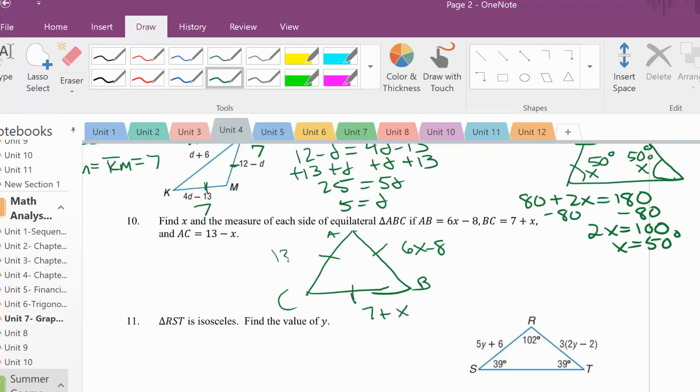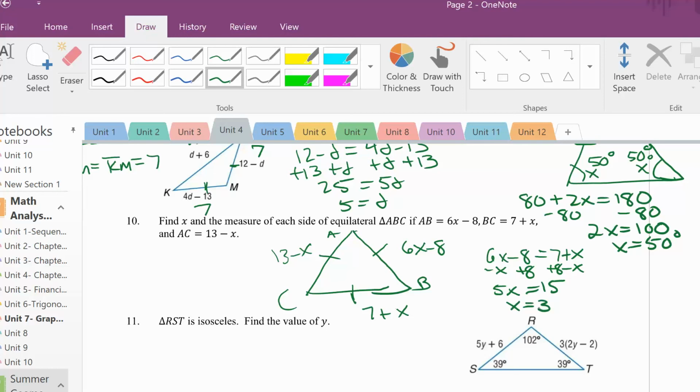And AC is 13 minus x. So to find x, you can set two of these equal. So 6x minus 8 equals 7 plus x. Subtract x. Add 8. 5x equals 15. x equals 3.